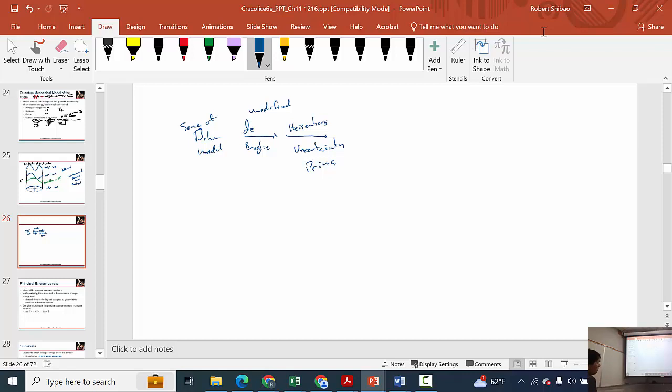The Heisenberg uncertainty principle states that for us, the end result of this is that we can pinpoint the energy, but position is not pinpointed.